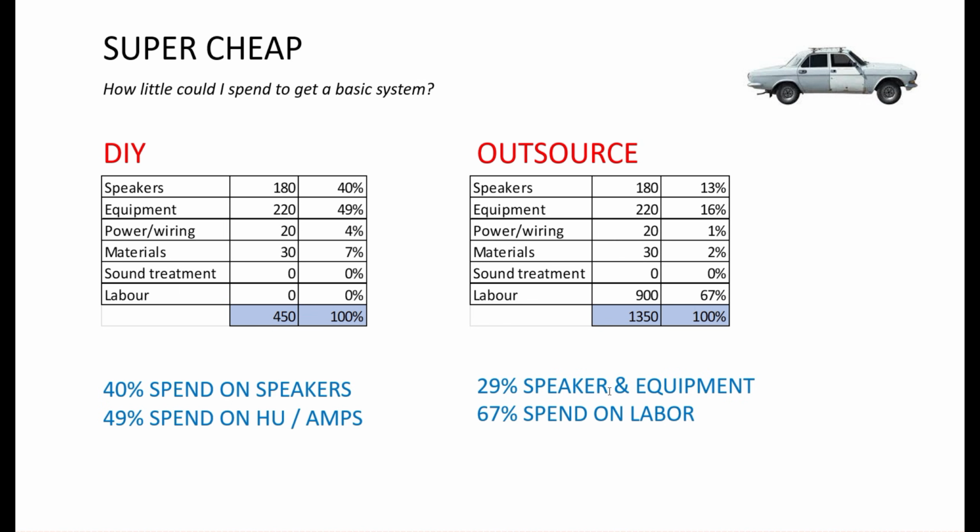And the rest of it, 30% of your budget, is actually on the stuff that you're installing in your car. So the first takeaway is that outsourcing stuff to professionals is expensive. Probably not telling you something that you don't already know, but the cheapest way to keep the cost of your project down is to be able to do it yourself, right?